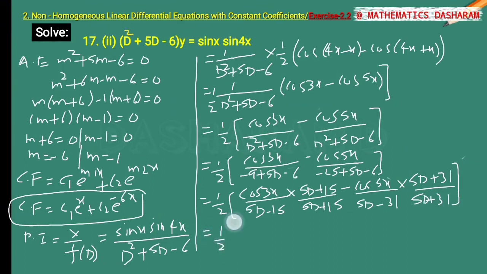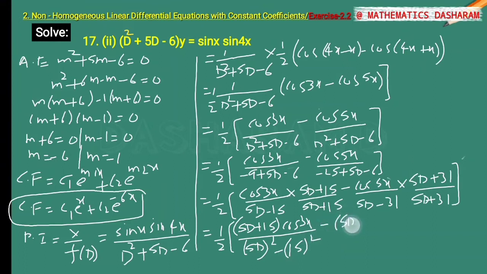So it is equal to 1 by 2 bracket of, 5D plus 15 into cos 3x divided by 5D whole square minus 15 square. Next, minus 5D plus 31 into cos 5x by 5D whole square minus 31 square.